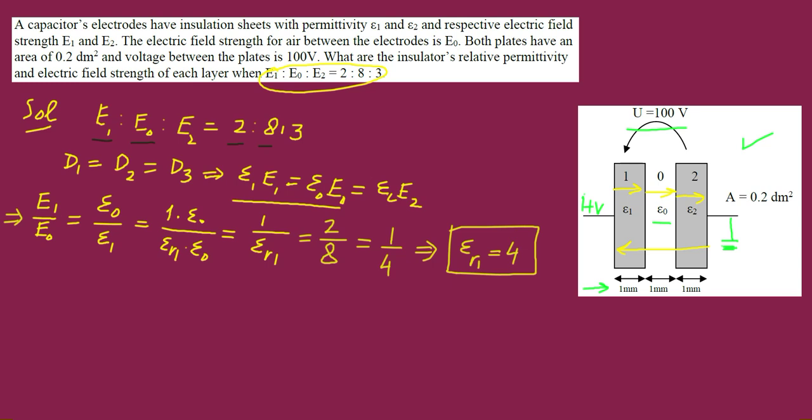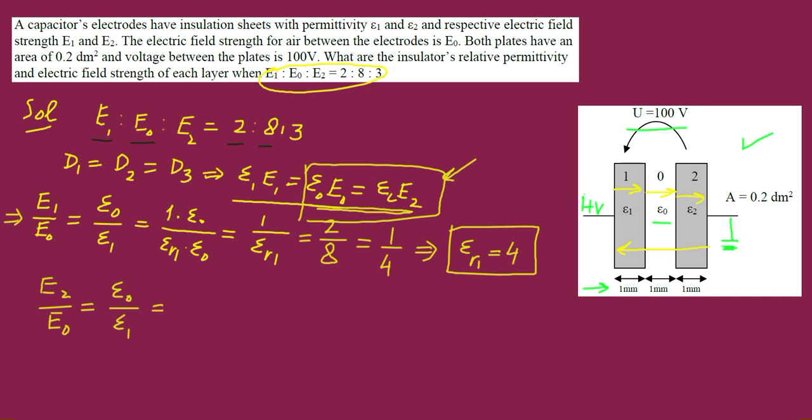Similarly, if we take the other half of the equality, we can write that E2 over E naught will be equal to epsilon naught over epsilon 2.